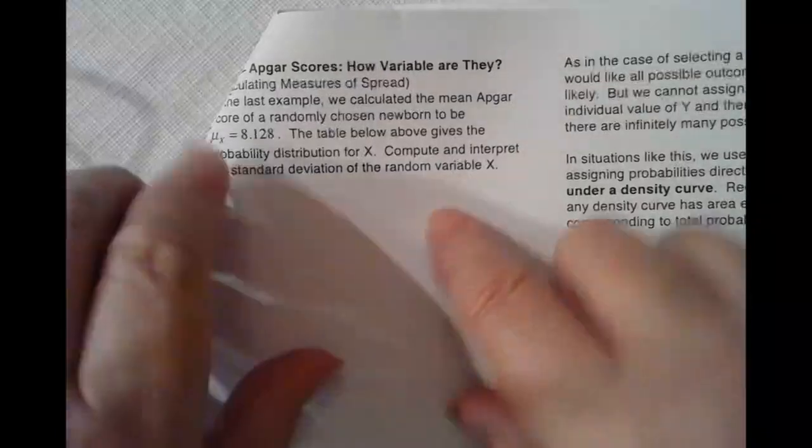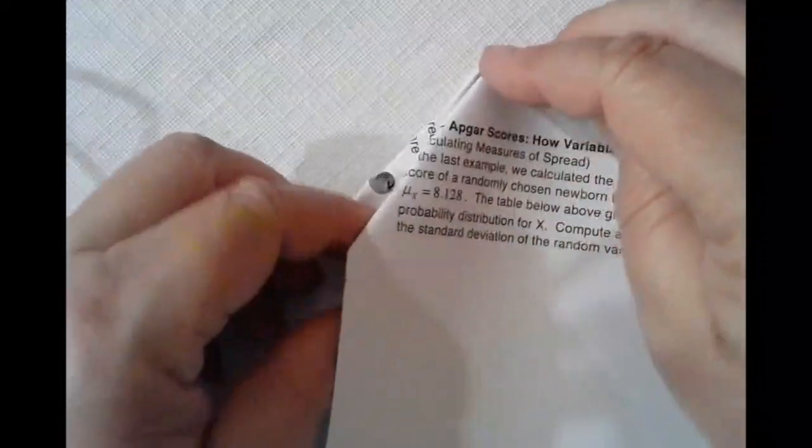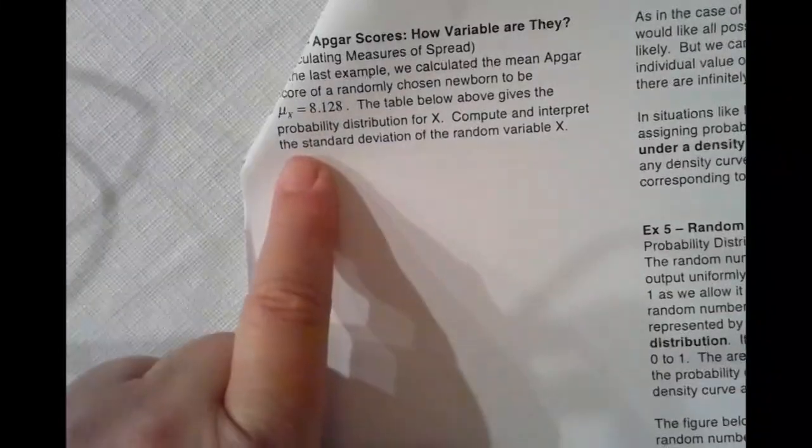Okay, let's look at the example. Calculating the measures of spread. In the last example, we calculated the mean APGAR score of a randomly chosen newborn to be 8.128. The table above gives the probability distribution for x. Compute and interpret the standard deviation of the random variable x.